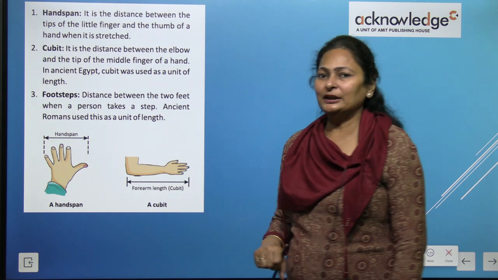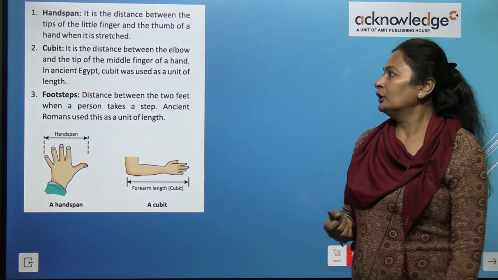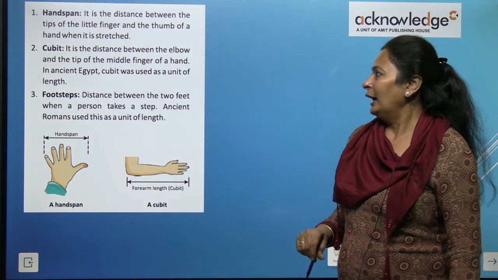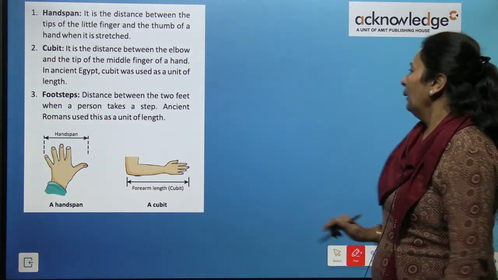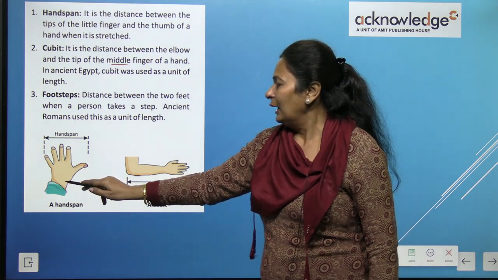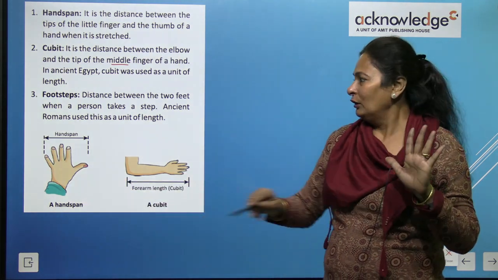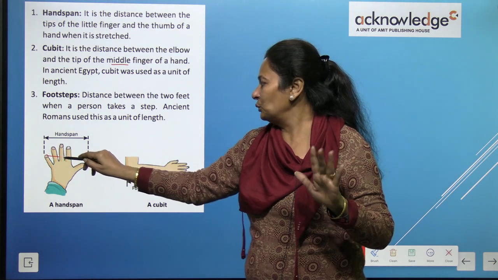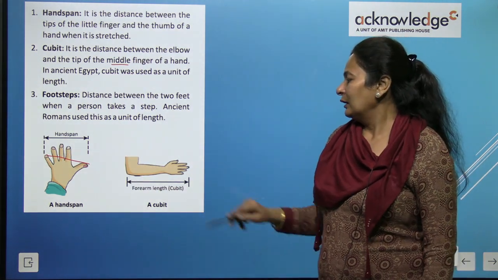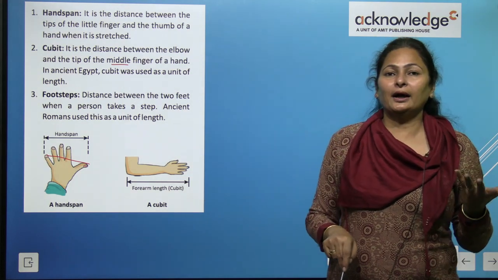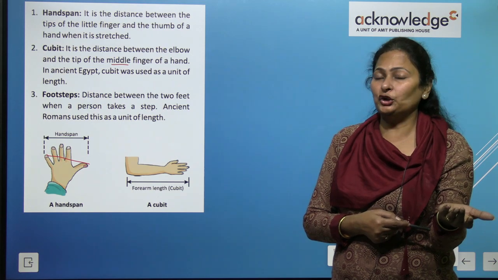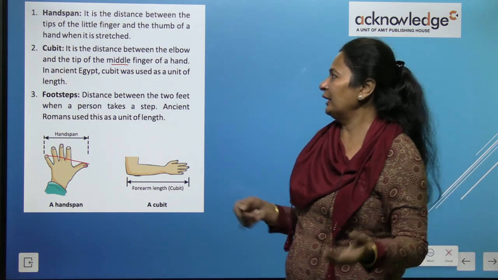Cubit, how we are measuring, the other way is cubit. Cubit is the distance between the elbow and the tip of the middle finger. You can see in this picture too, this is the hand span as I showed you, from the little finger to the tip of the thumb, and this is the forearm length, which we measure as a cubit.